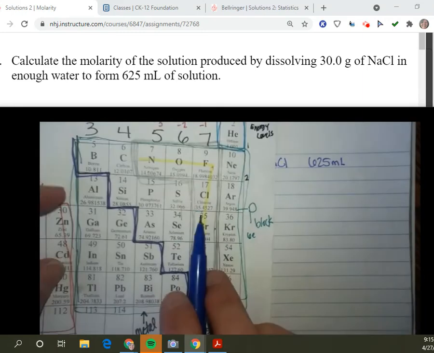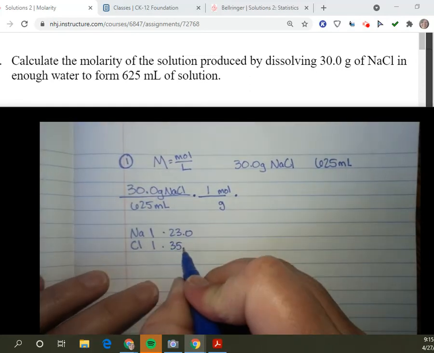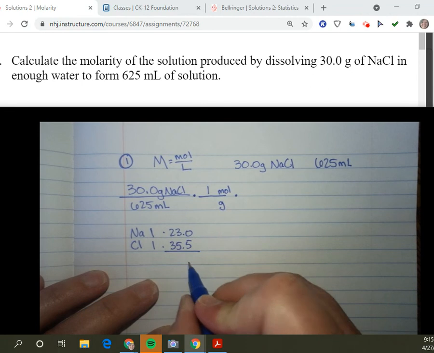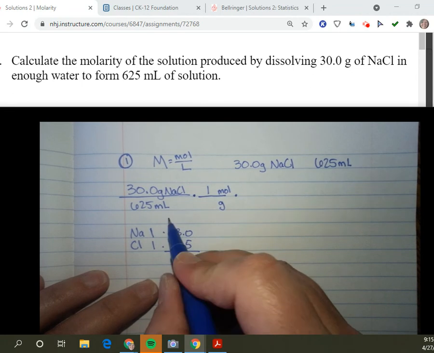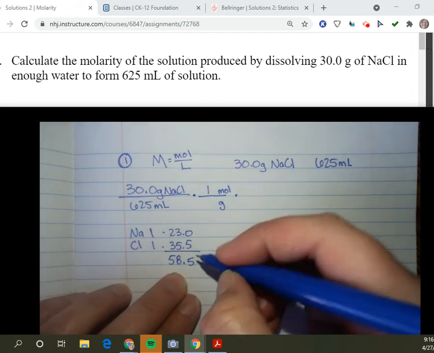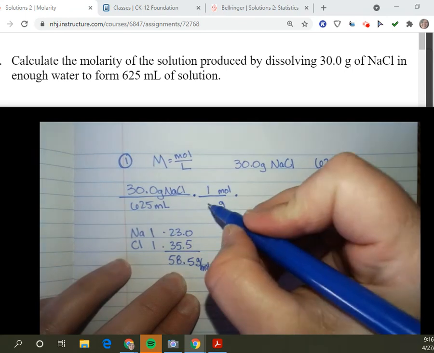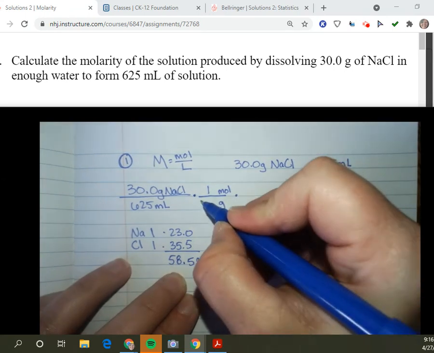Chlorine has a mass of 35.5. So we can just add those together. So 58.5 grams per mole. And that's what would go in our problem for our conversion.